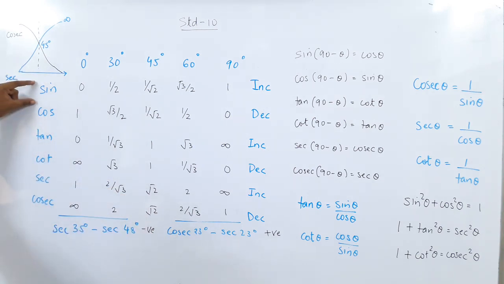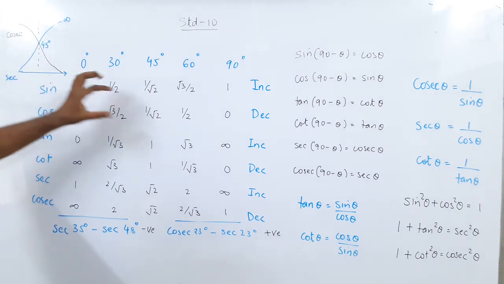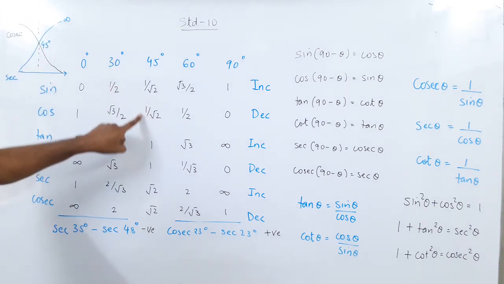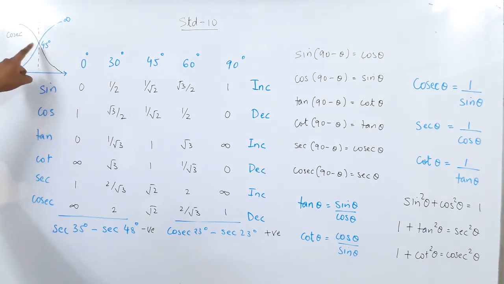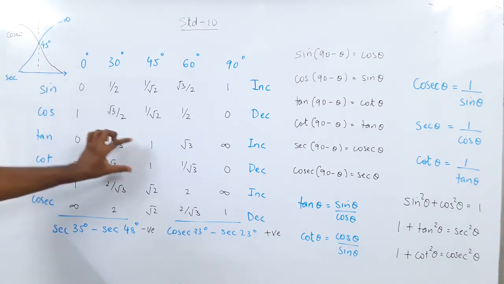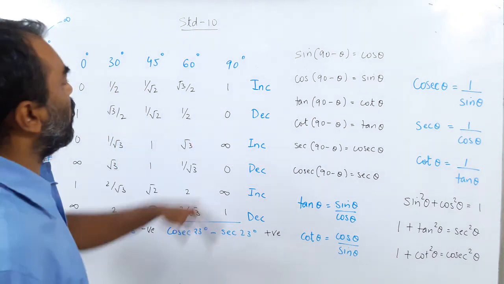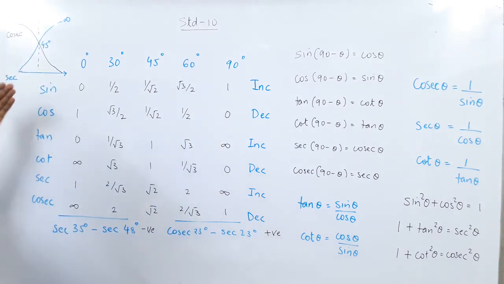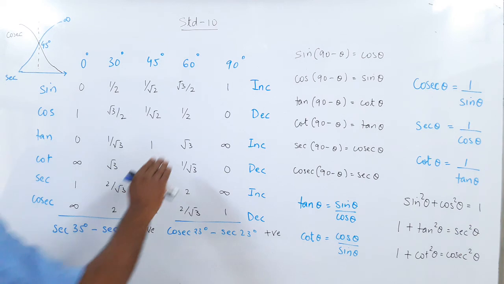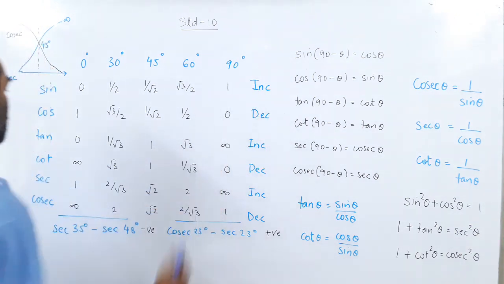So remember, one is increasing, one is decreasing. When is the crossover taking place? At 45 degrees. At 45 degrees, both the values become equal. Below 45, cos is bigger than sine, and after 45, sine is bigger than cos.